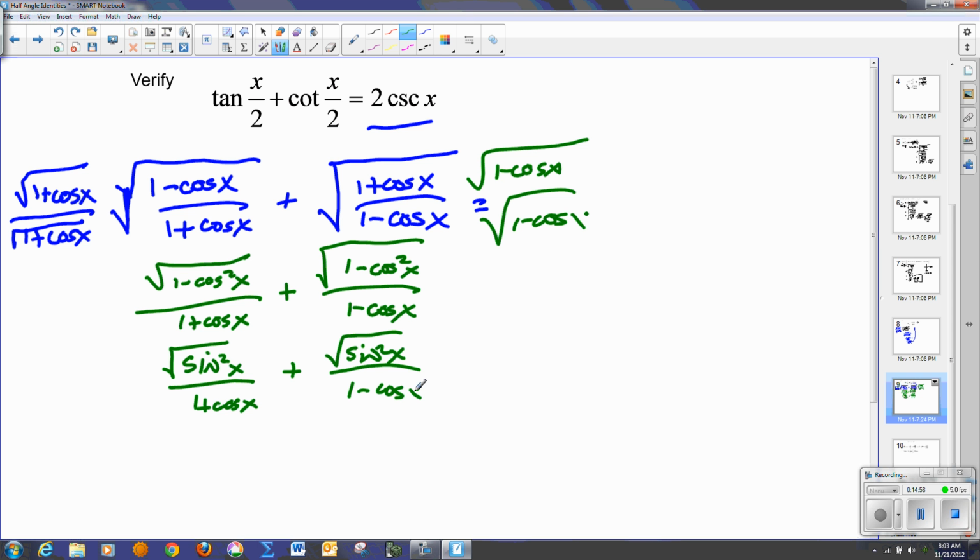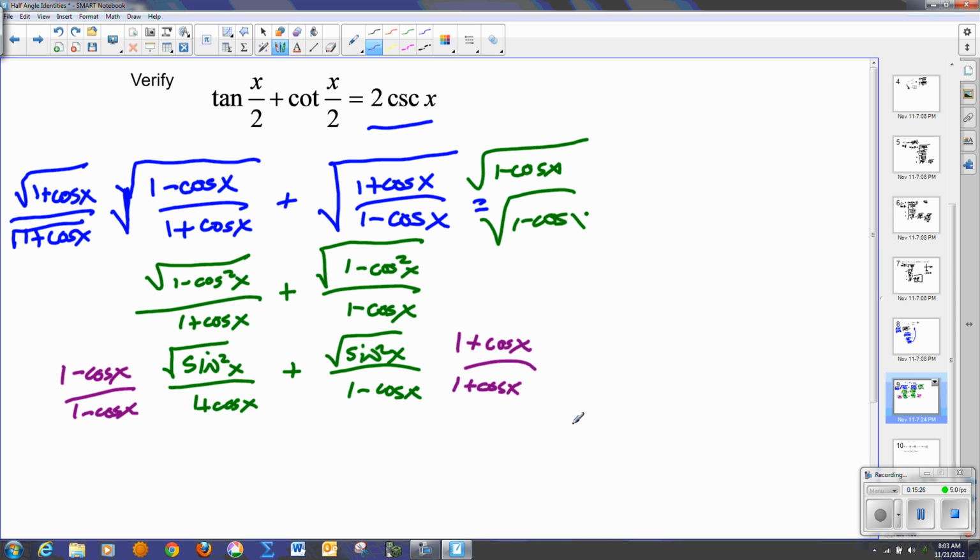And my denominator is going to be different, so I'm going to do a couple of steps in one at this point. I'm going to multiply to get a common denominator of 1 minus cosine of x over 1 minus cosine of x here, and give this a 1 plus cosine of x over 1 plus cosine of x.